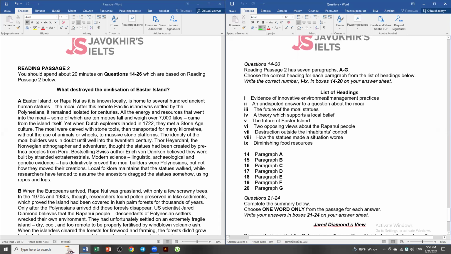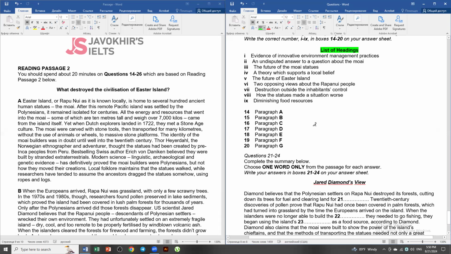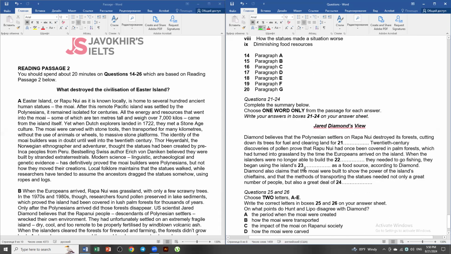So despite matching headings, of course, the list of headings that is asking you to find out, it's going to be definitely harder if you don't really understand the syntax of the paragraph. Syntax actually means how one sentence is connected to the other, yet making a meaning of a whole paragraph.